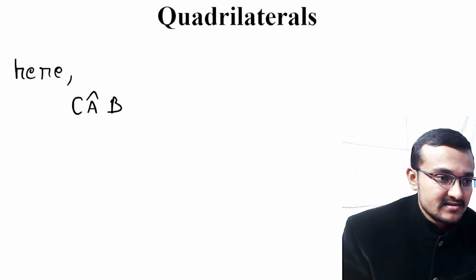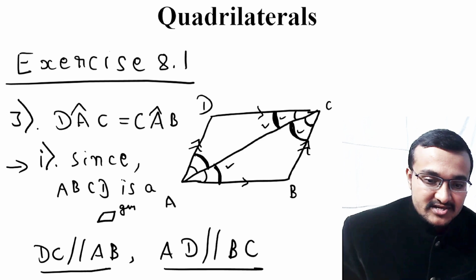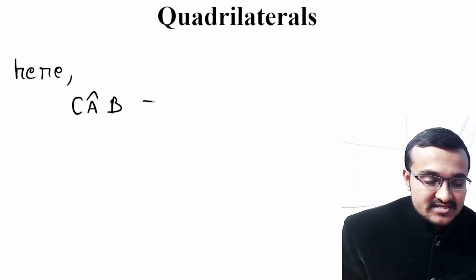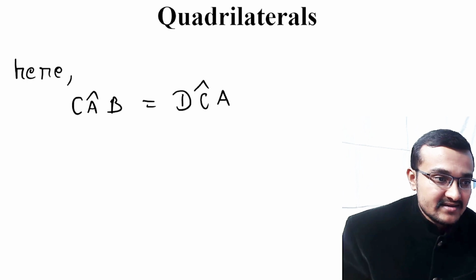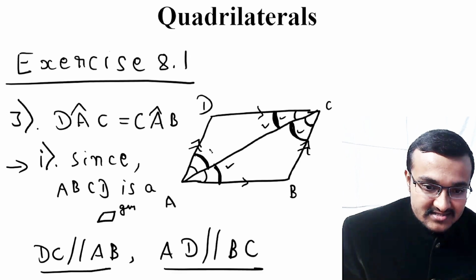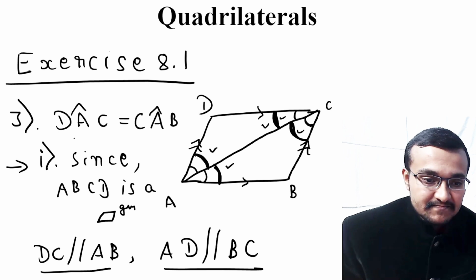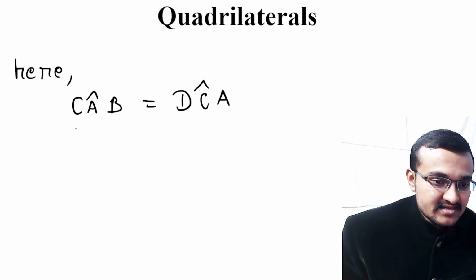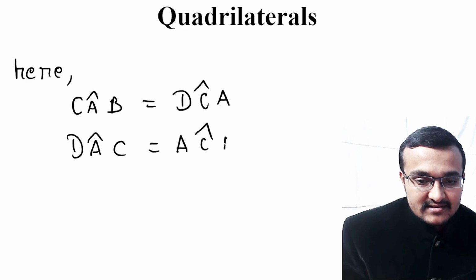So the CAB angle, that is this particular angle, will be equal to the DCA angle. So CAB angle is equal to DCA angle, and this particular angle, that is DAC, will be equal to ACB. So DAC is equal to ACB angle.